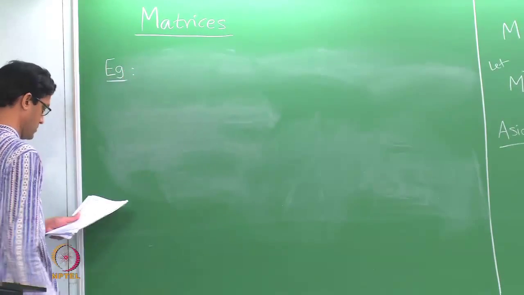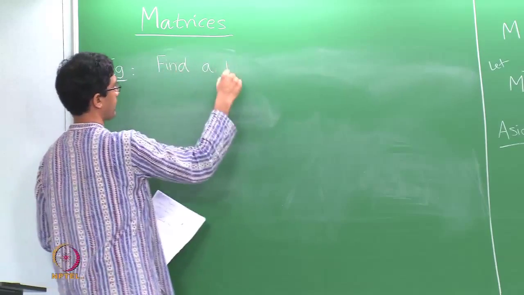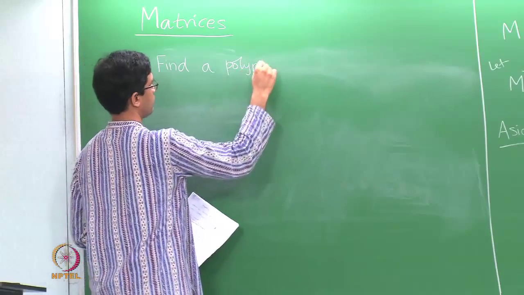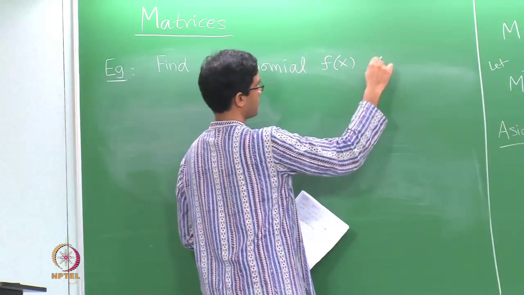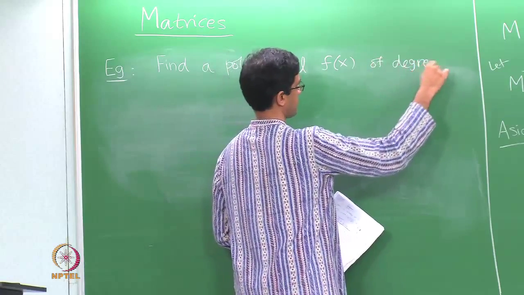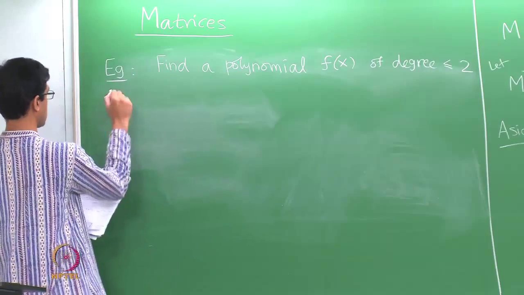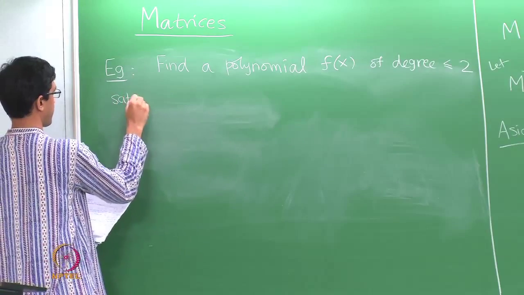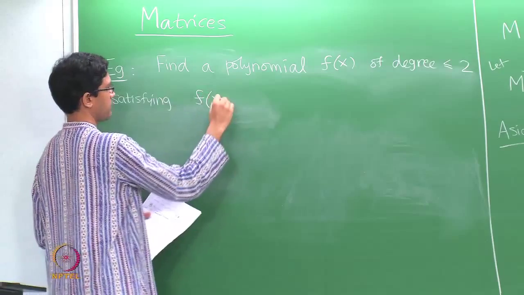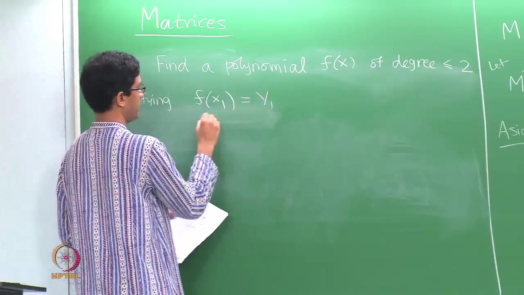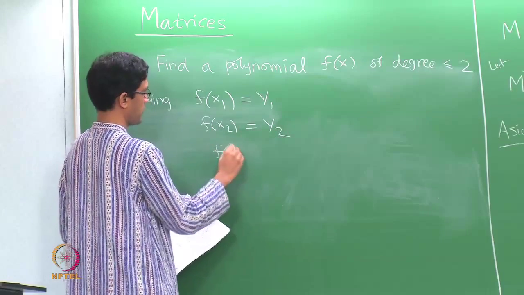Example: find a polynomial in one variable, so it's a polynomial f of x of degree at most 2, satisfying the three conditions f of x1 is y1, f of x2 is y2, and f of x3 is y3.